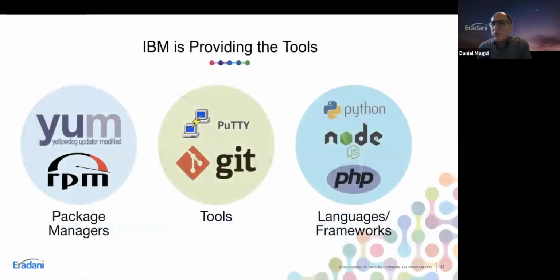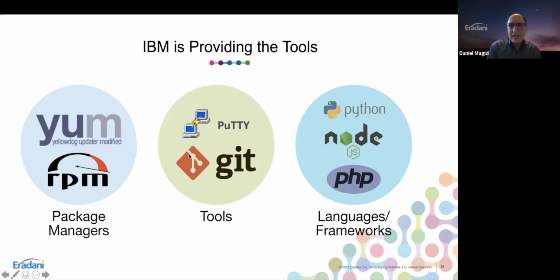And IBM is also providing tools to make it easy to use these new technologies. So things like Yum and RPM, these are package managers. If you're starting to build applications by assembling components together, these will keep track of all the components you're using and the versions you're using, to make it really, really easy for you to keep your system up to date.